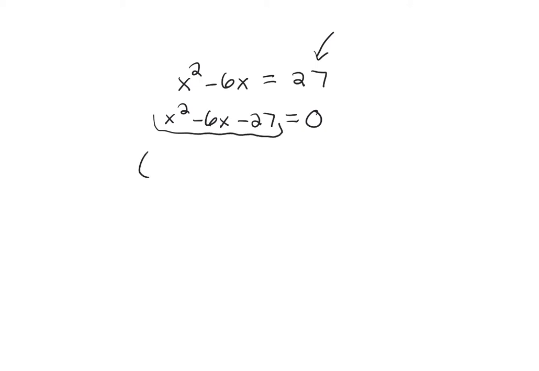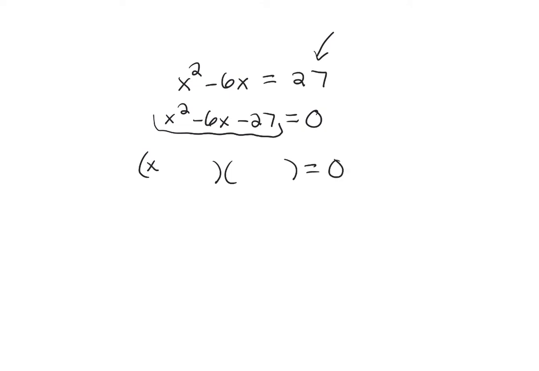All right, so here's our first example. x squared minus 6x equals 27. To do the zero product property, it has to be equal to 0. So we're going to subtract 27 over. So x squared minus 6x minus 27 equals 0. And now we're going to look to factor this quadratic.